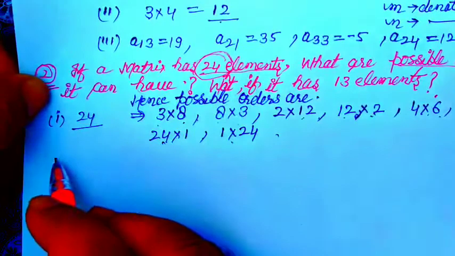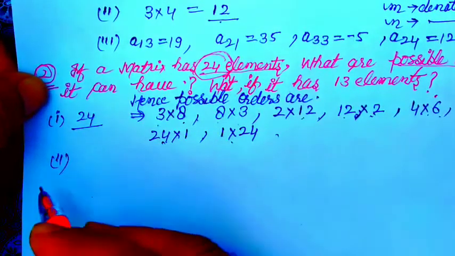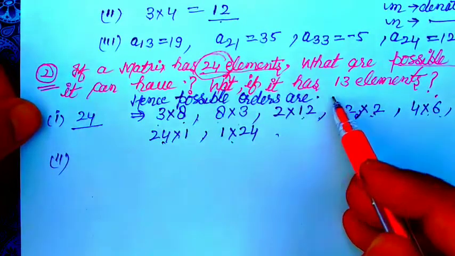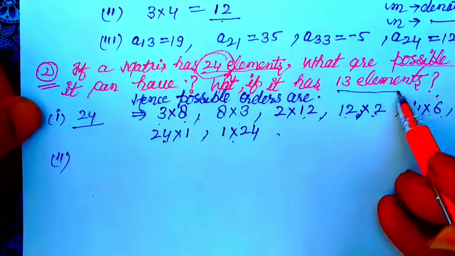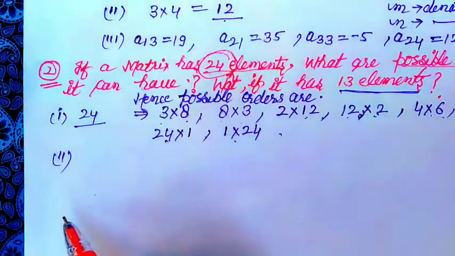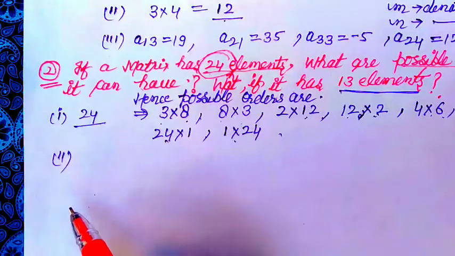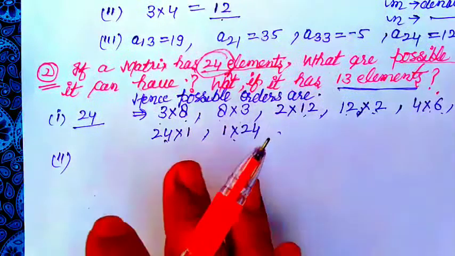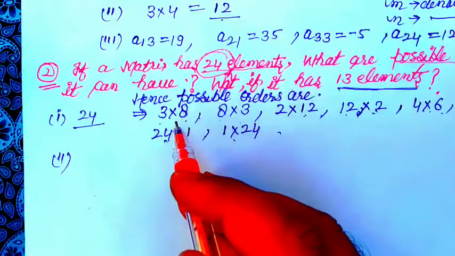Now the second part: what if it has 13 elements? If 13 elements, we have only 2 orders, isn't it?